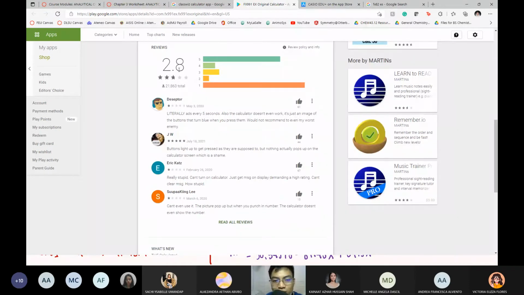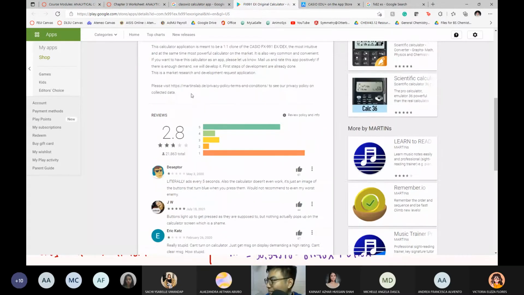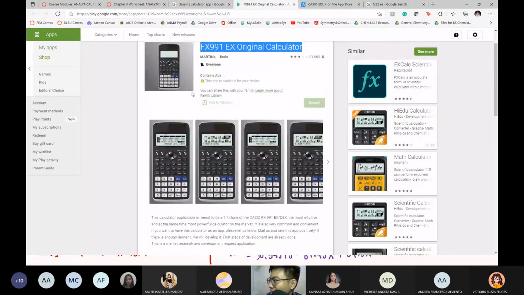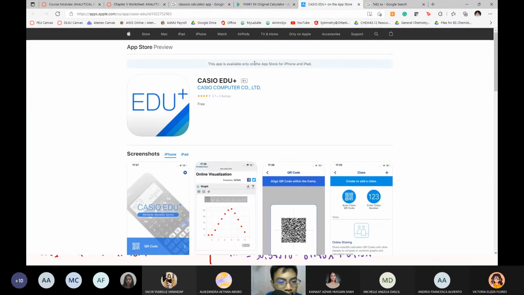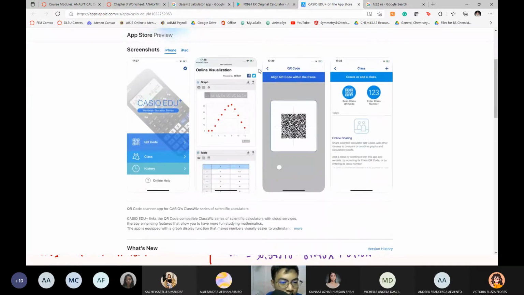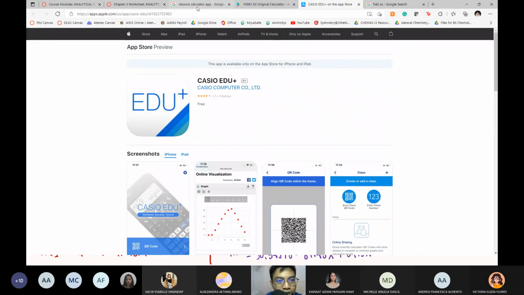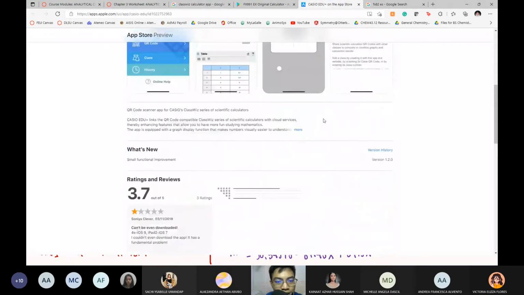Pag maraming advertisement, edi patayin mo internet. Okay, mag-download ka na lang muna nito sa cellphone. Okay, ayan, 991EX kapag Android. Pero kung ikaw ay iOS, hindi ito. Alam ko may bayad to eh.